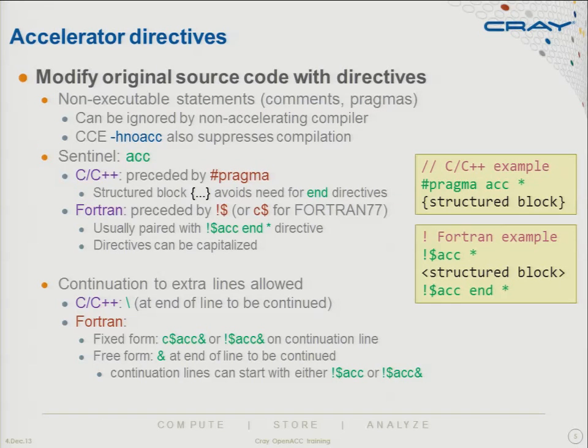In C, they look like hash pragma acc, something, and then a structured block. In Fortran, you have !$acc, a structured block, and you have an end directive just because you don't have the concept of curly brackets in Fortran. The lines can get quite long, and you can continue them.